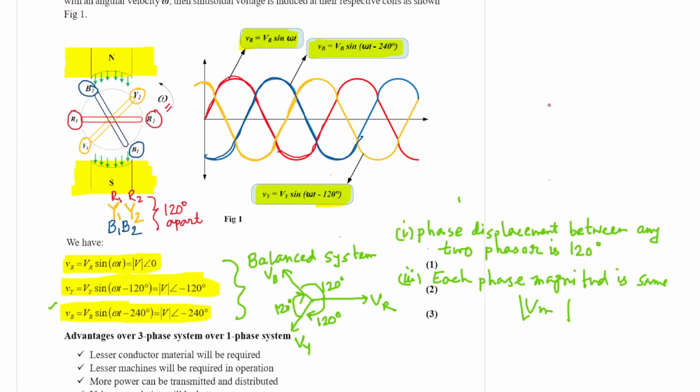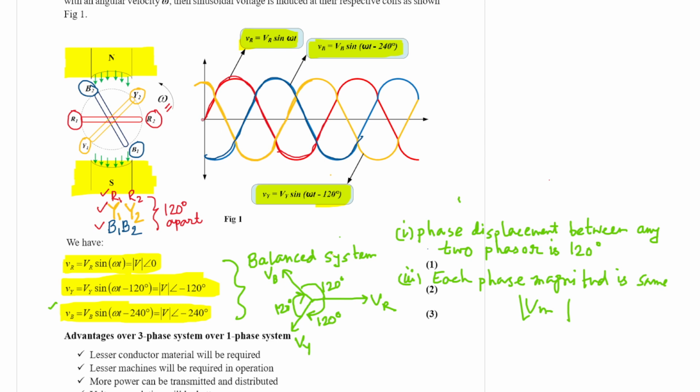So from the idea of the single phase alternating quantity generation, we have understood that if three conductors R1, R2, Y1, Y2, B1, B2 are placed 120 degree apart from each other, then similar sort of waveforms can be generated with three phases.